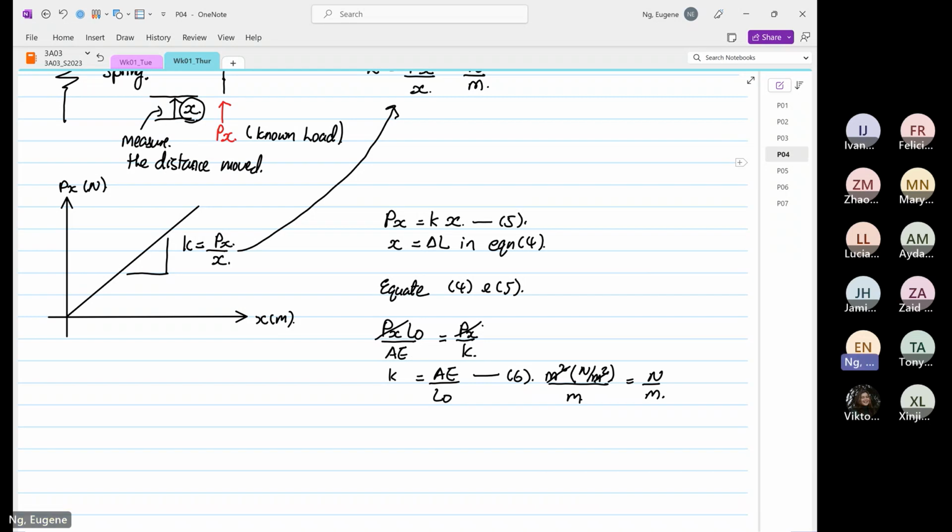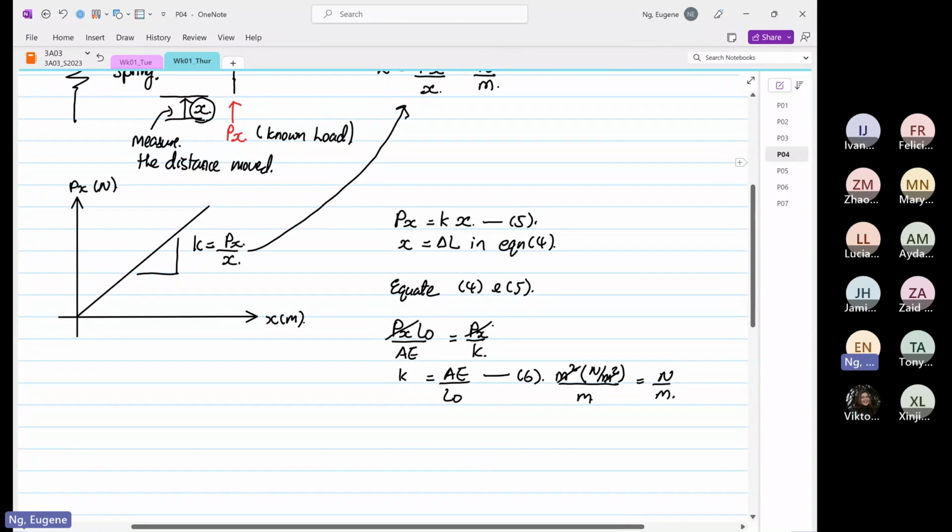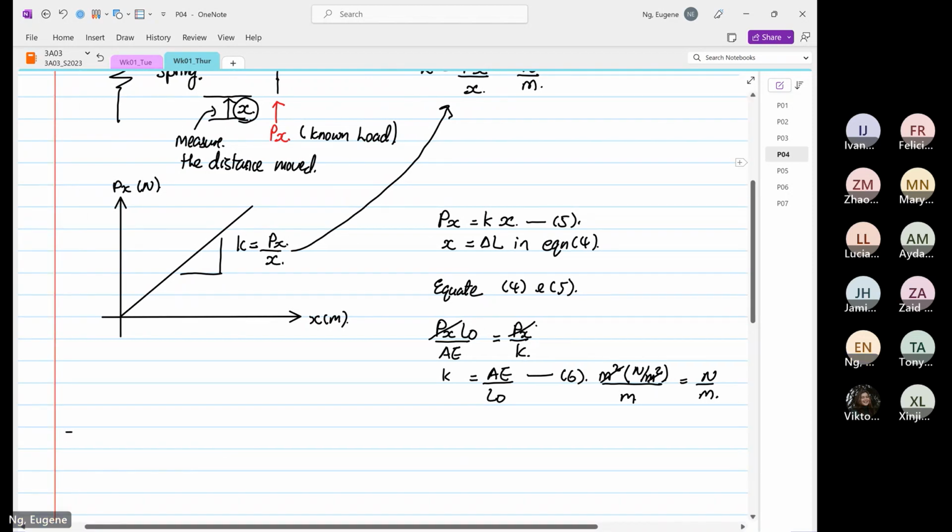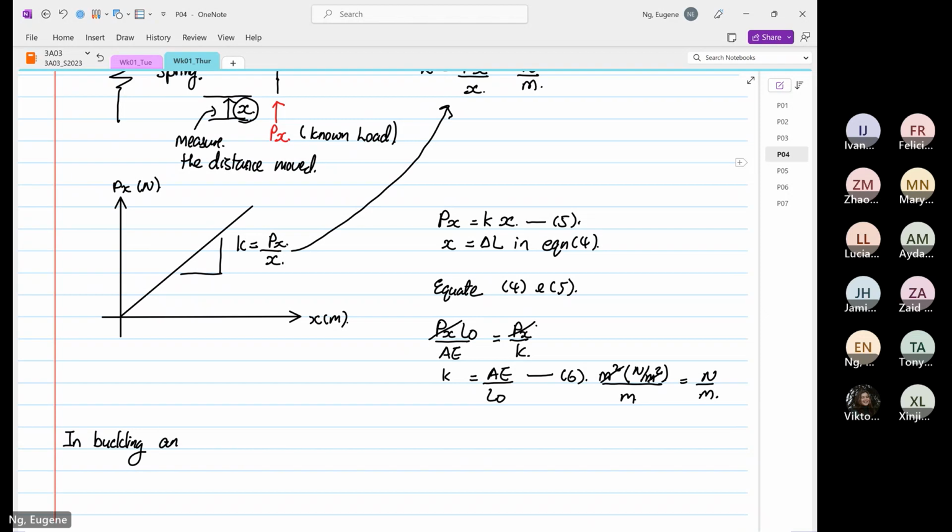So in buckling, this equation is valid only if the structure does not buckle. In buckling analysis, the L over A ratio is very high.